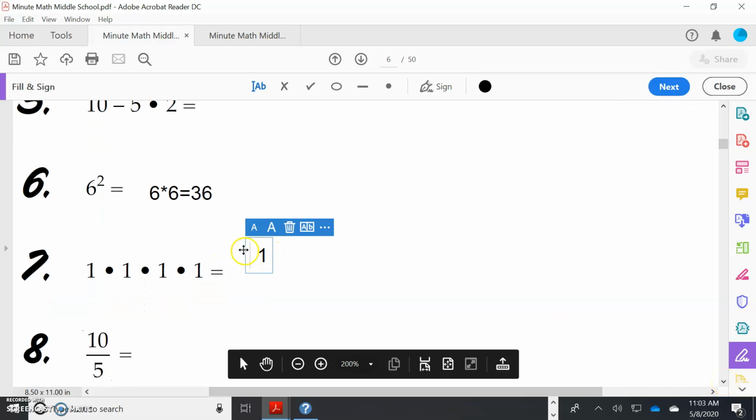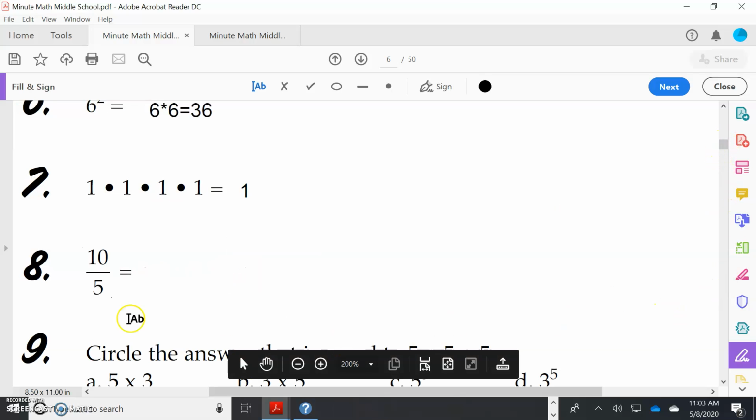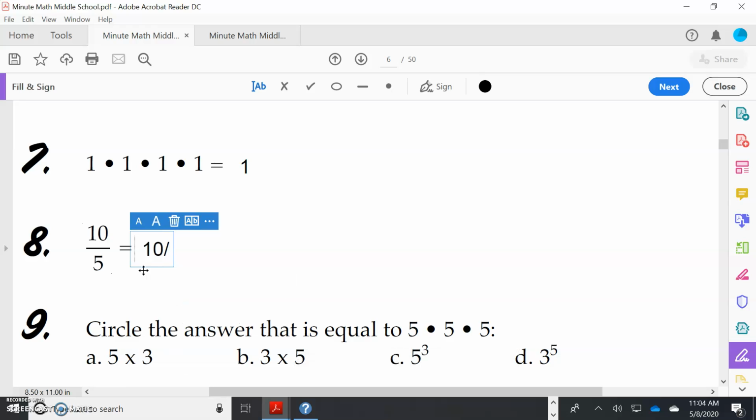Oh, that's not lined up very well. There. Okay, 10 divided by 5. If you had 10, and you made 5 piles, 10 goes first, then your divide sign, then your 5 in your calculator. So then you would have what? Okay, good job.